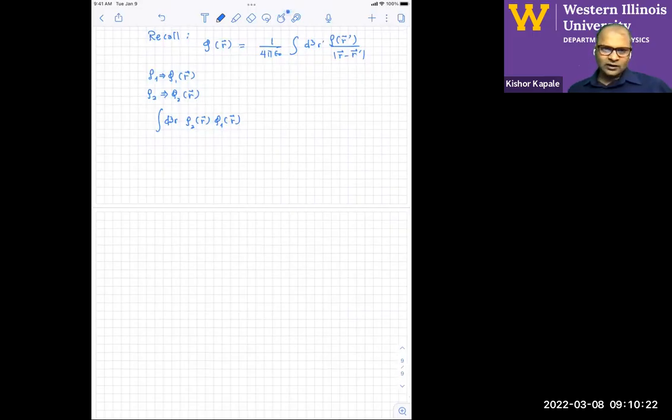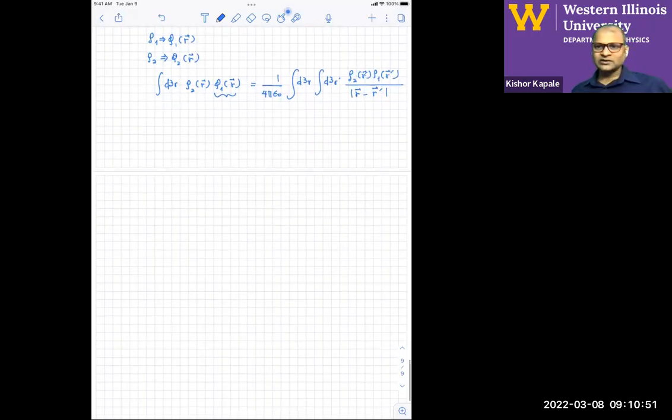And this would then look like 1 over 4 pi epsilon 0 integral d cube r integral d cube r prime now, because I want to completely expand out what phi 1 looks like. And so you are going to have rho 2 of r times rho 1 of r prime divided by the distance, the magnitude of r minus r prime.